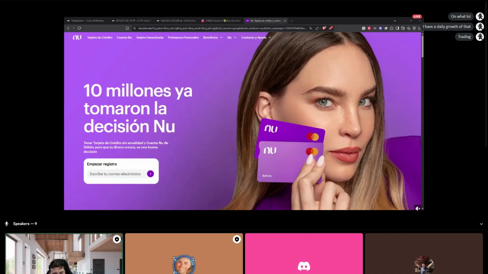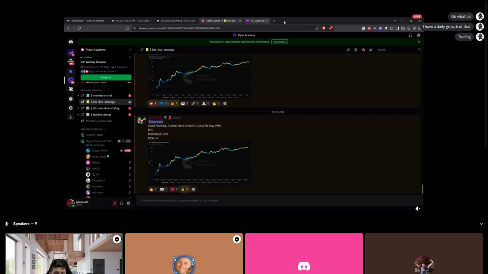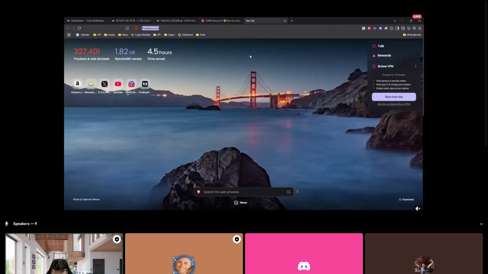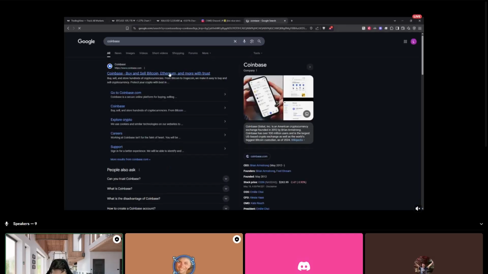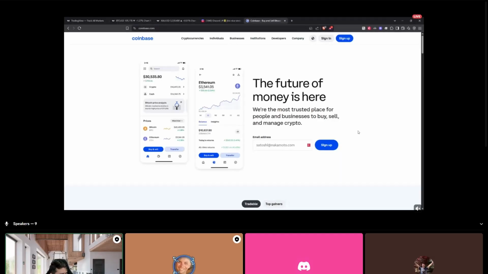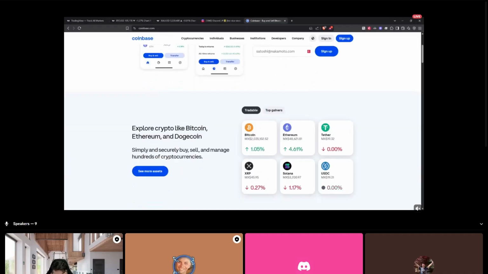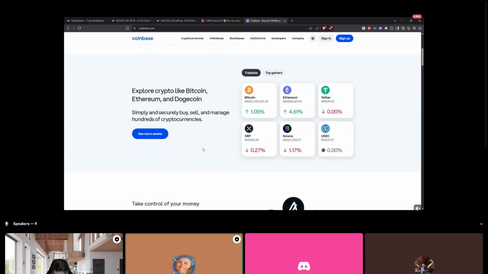So you can use some tools like that. I believe Coinbase gives you something like an 8% annualized, if I'm not mistaken. 6.8%, I guess, on USDC.